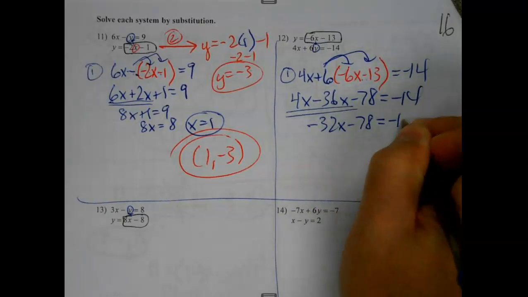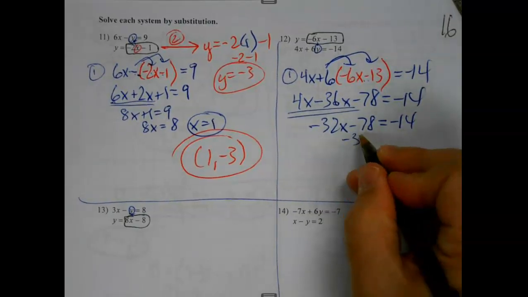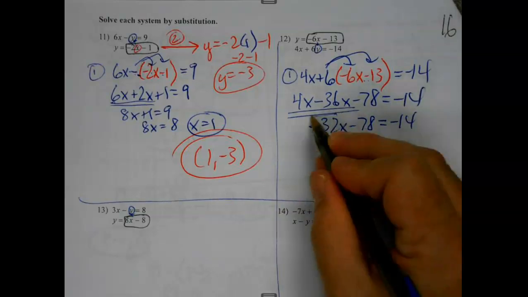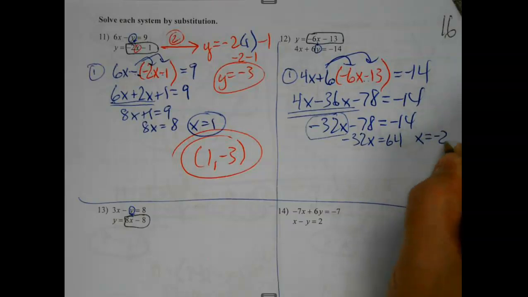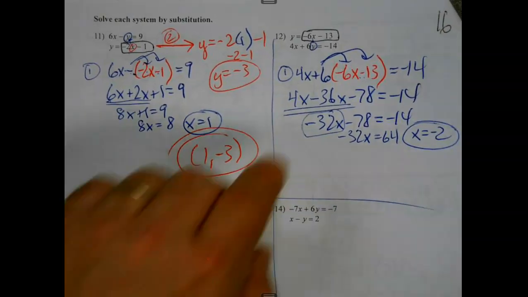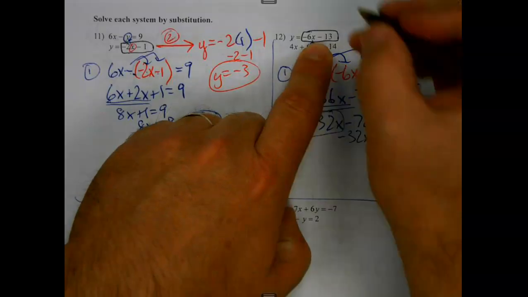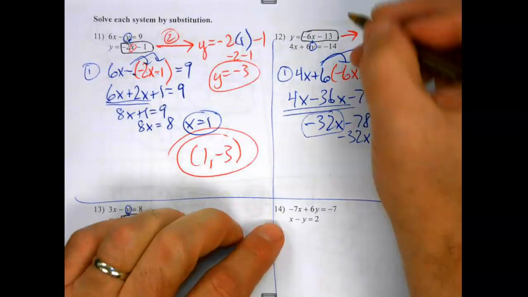I need to write a little bit smaller here. Add my 78 over. Divide by -32. There's my easy equation, the one I boxed in originally.